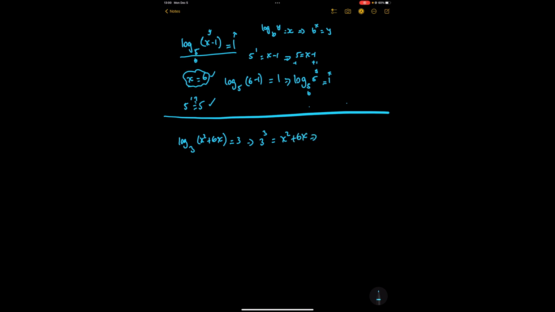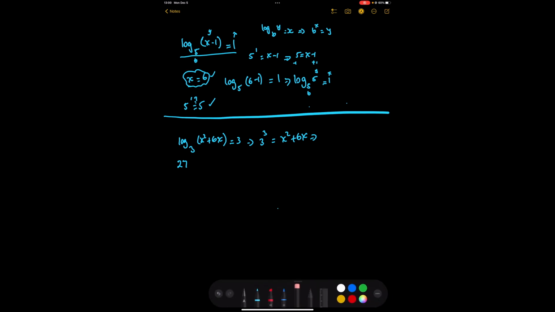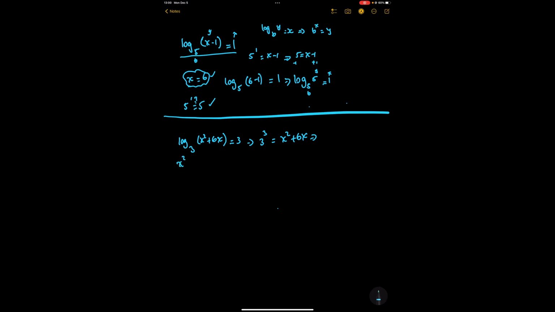What is 3 to the power of 3? It's 27. So x squared plus 6x equals 27, and we subtract 27 on both sides. So I get x squared plus 6x minus 27 equals 0.